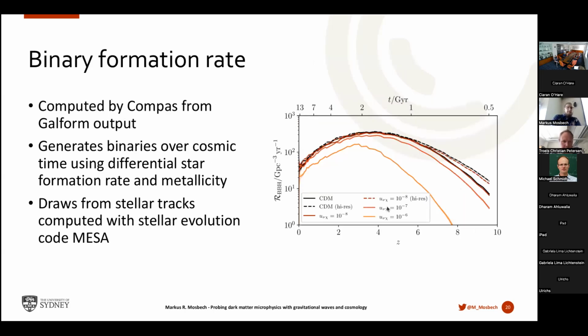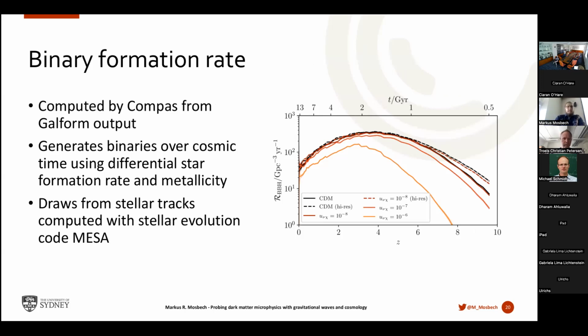COMPAS uses all these catalogs of star evolution and looks up, if we have this amount of star formation and this amount of metallicity, which stars are going to form, how are they going to evolve, et cetera, generating these populations, generating black hole merger rates.